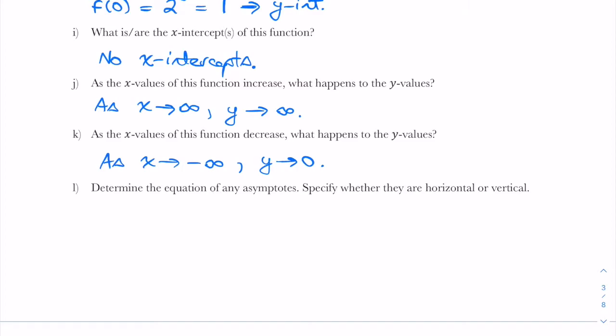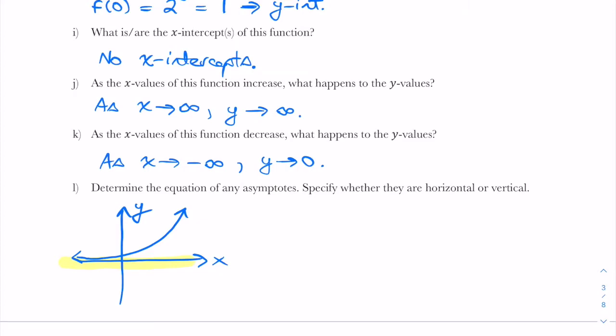This is because we have an asymptote, specifically a horizontal asymptote. So I'll just make a quick sketch of the function again. Our exponential function looks like this. And because it will never cross the x-axis, that's going to be the location of a horizontal asymptote.